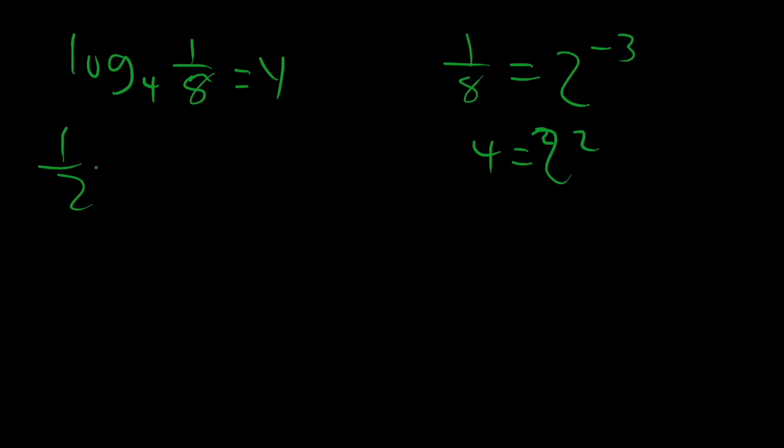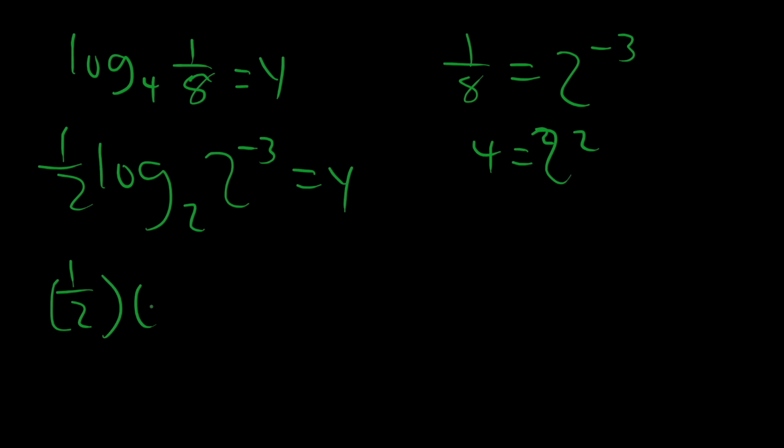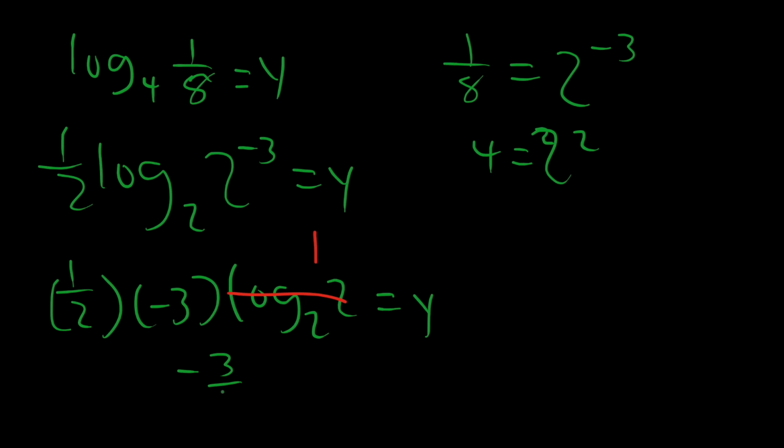So this is going to be equal to 1 over 2 times log base 2 of 2 to the power of -3 is equal to y. So 1 over 2 times -3 times log base 2 of 2 is equal to y. And this part here is equal to 1. So negative 3 over 2 is equal to y.